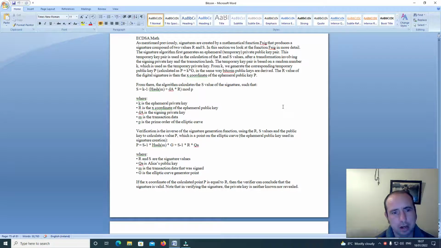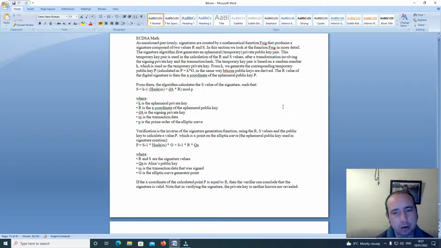The signature algorithm first generates an ephemeral temporary private public key pair. This temporary key pair is used in the calculation of the R and S values after a transformation involving the signing private key and the transaction hash.